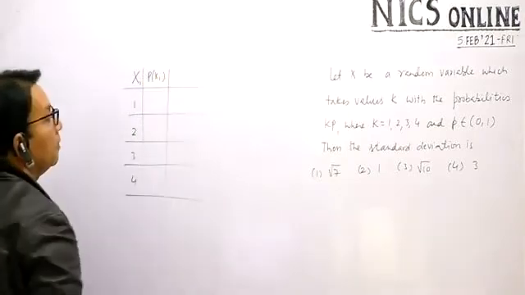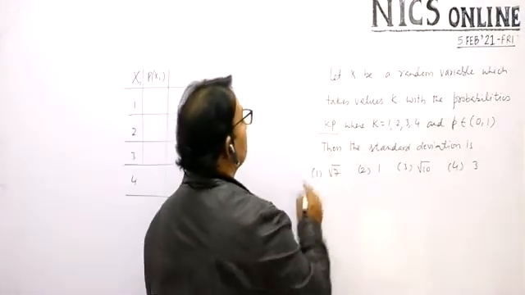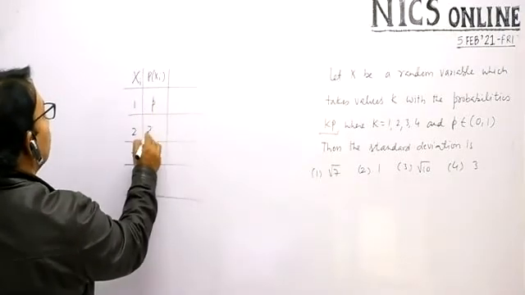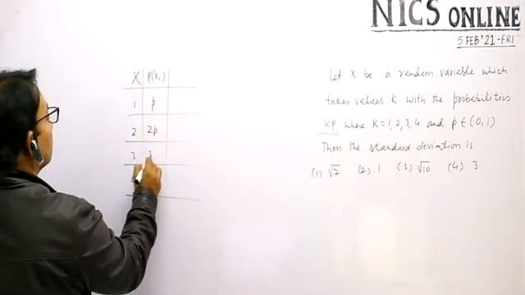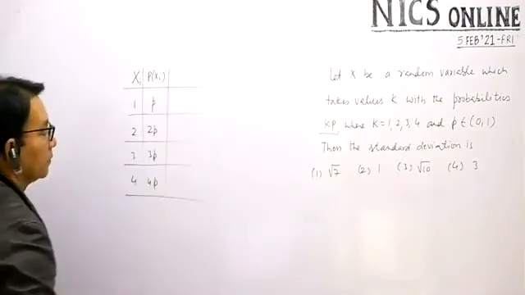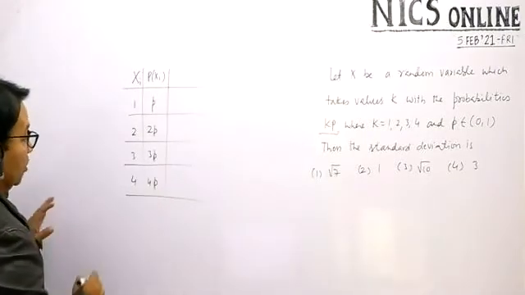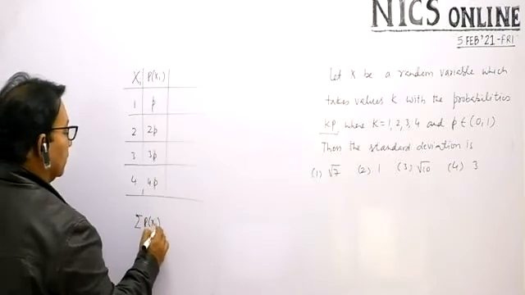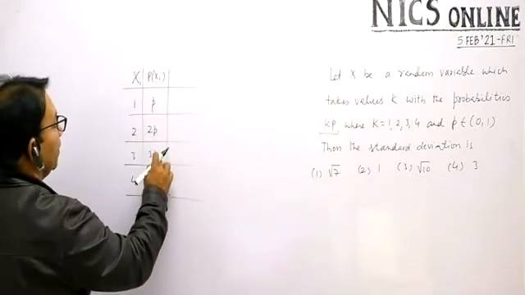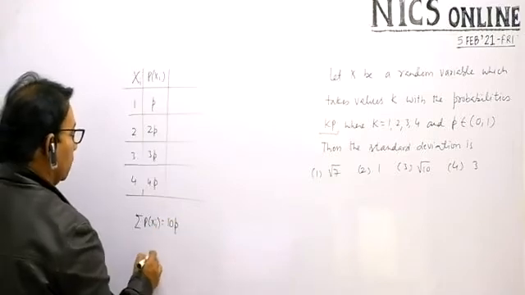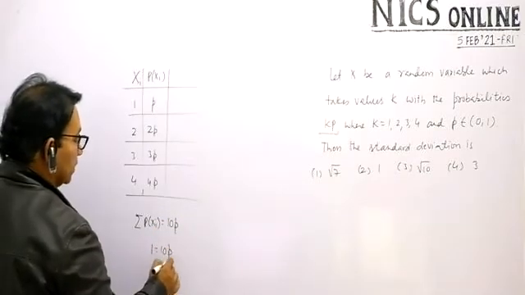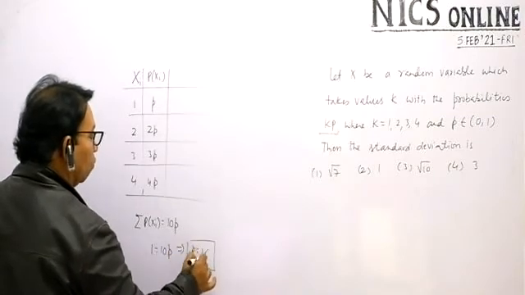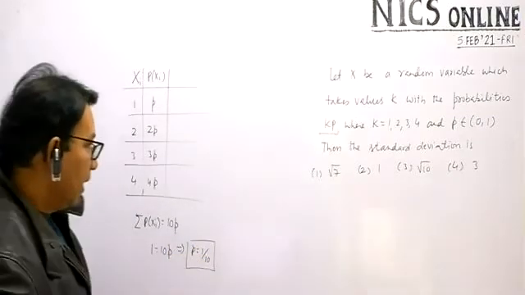Corresponding probabilities are, look at this, k into P, that is 1 into P, 2 into P, 3 into P, and 4 into P. So as such, P कैसे आएगा? Summation P(xi) फाइंड कर लेते हैं, and this is P, 2P, 3P, 4P is 10P, and it should be equal to 1. Using this, you get the value of P. P की value आ गई 1 by 10. The value of P is 1 by 10.